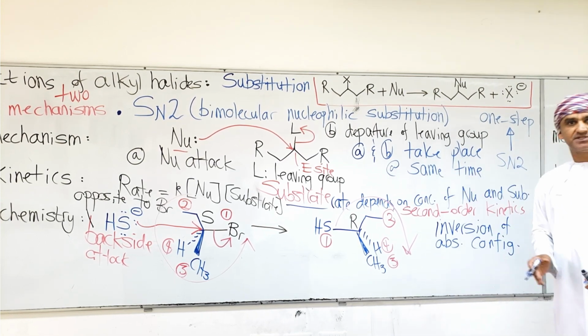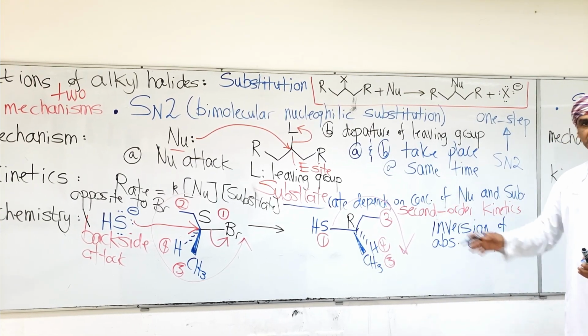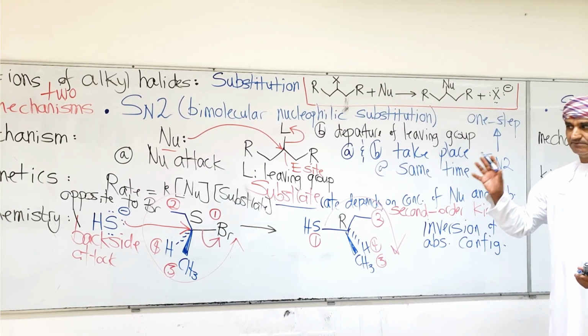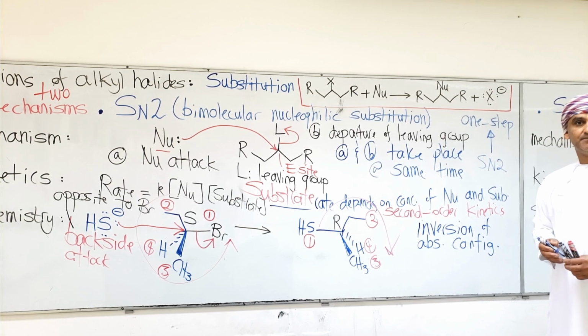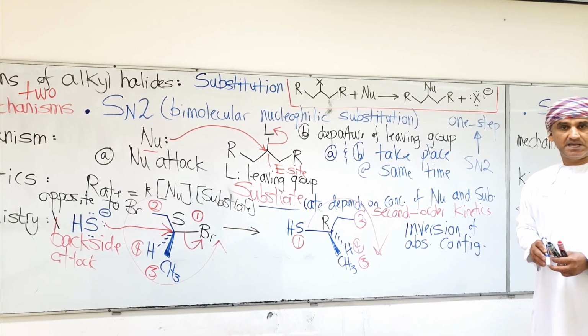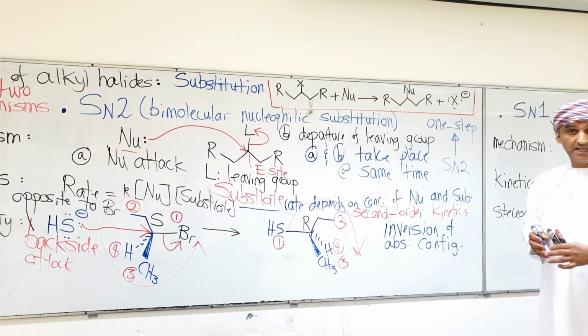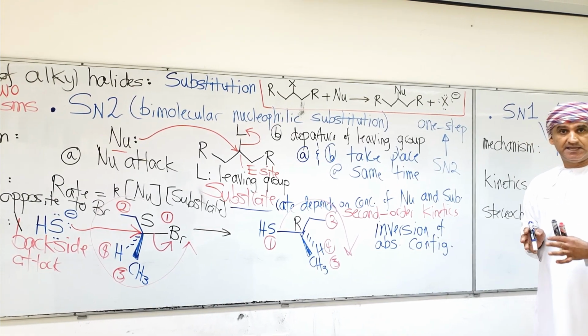If the reacting substrate is R, it should now be S. If it is S, it should be R. Generally, of course, that's because the nucleophile in the SN2 mechanism type always attacks from the opposite side to the leaving group, or it does a backside attack.